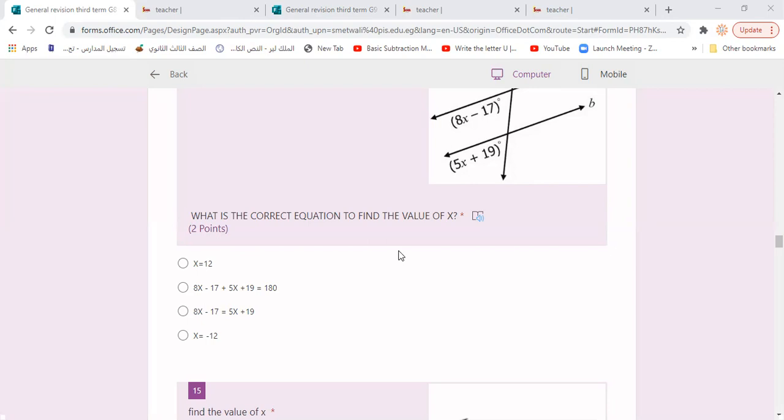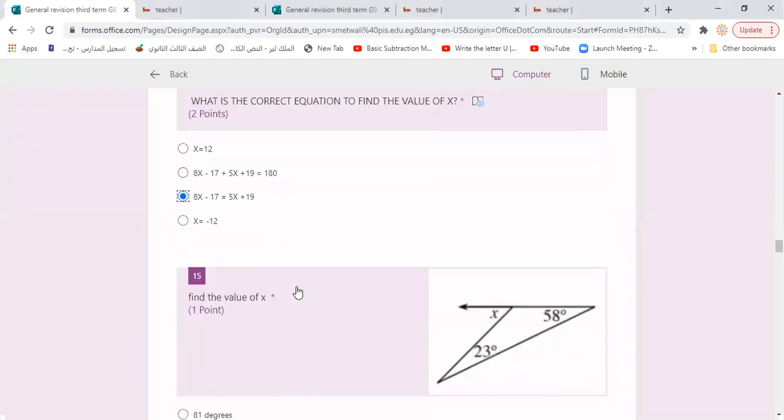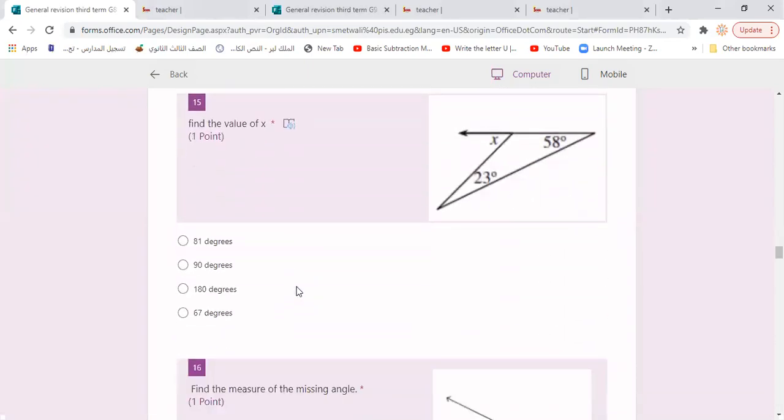And the second choice gave us a relation equal to 180, and we refused this because their position, as Nano said, is corresponding, and corresponding angles should be equal in measure. So for this reason we choose the third one. It will be the correct answer.